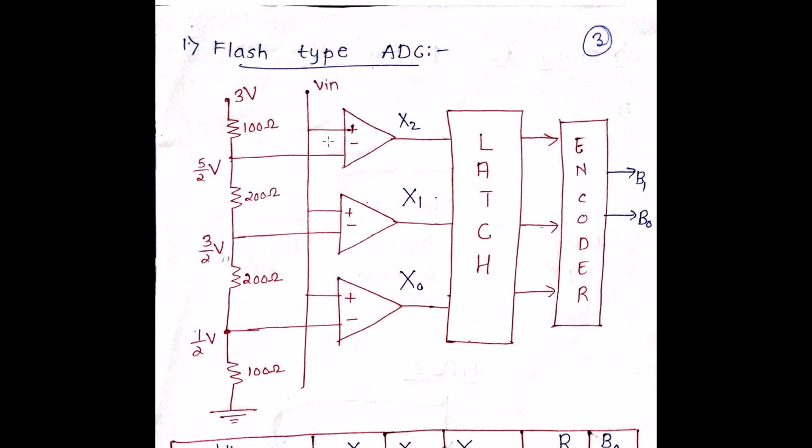Whenever my input becomes greater than my value at the negative terminal, then my comparator output goes high. For example, if this particular input becomes higher than half, then my X0 becomes 1. If my positive terminal voltage value is lower than the node voltage over here, which is at the negative terminal of the op-amp, my output goes low.